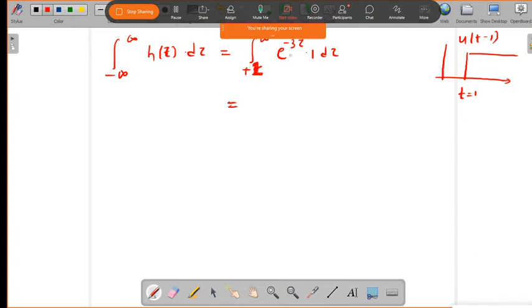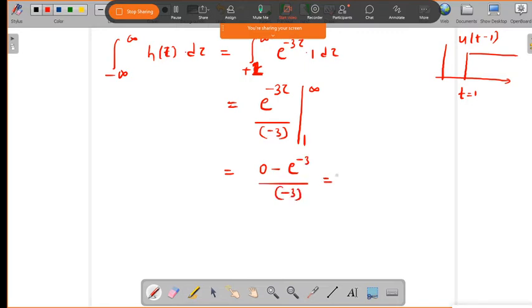Now you can integrate this. The value is e power minus 3 tau divided by minus 3, varying from 1 to infinity. Substituting infinity, e power minus 3 into infinity becomes 0, minus the value at 1, which is e power minus 3 divided by minus 3.